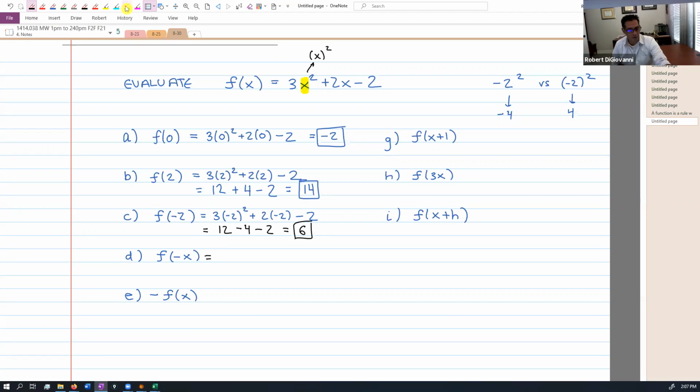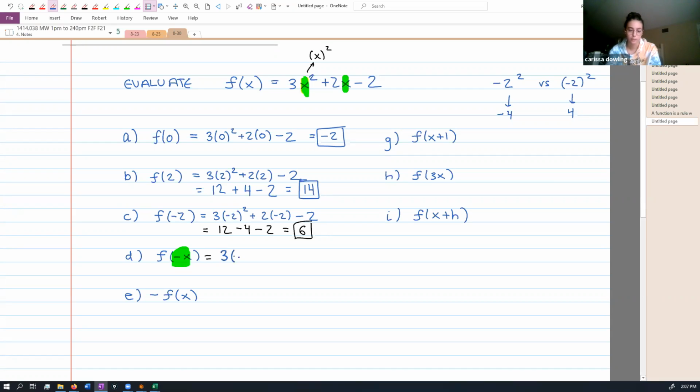Whatever's here in green is what goes in for these x's. So go ahead and read that out to me then. So that would be 3 times -x in parentheses squared, plus 2 times -x in parentheses, -2. Very good.